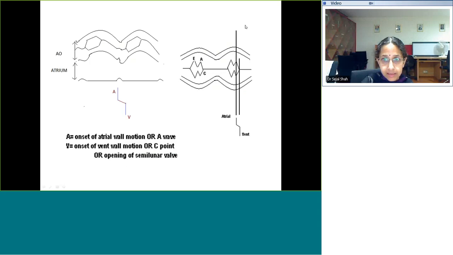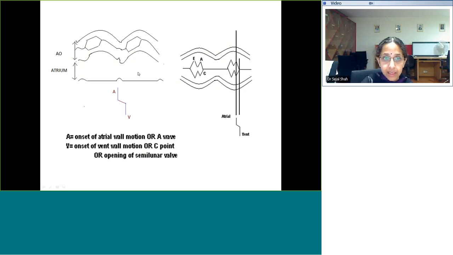Now, this is just a diagrammatic representation of what we saw in the previous slide. However, here the cut is across the aorta and the atrium, the typical aorta-LA cut. If we get this, then we can see the opening of the aortic valve, the aortic movement, and the LA, the left atrial wall movement. Now, how do we decide which is atrial and ventricular activity here?